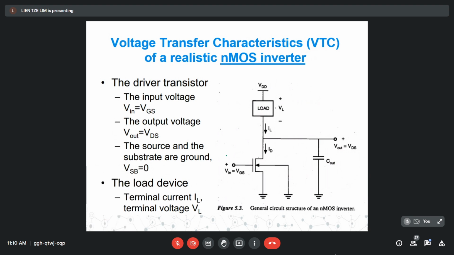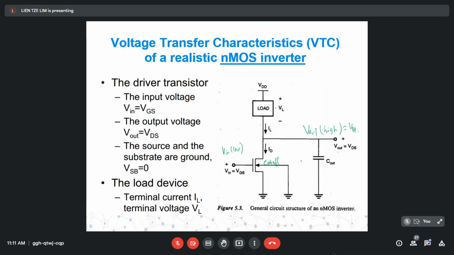So just now was about low input voltage, and then this output is high. This transistor is cut off, and then Vout here will be equal to VOH. Why is it equal to VOH?